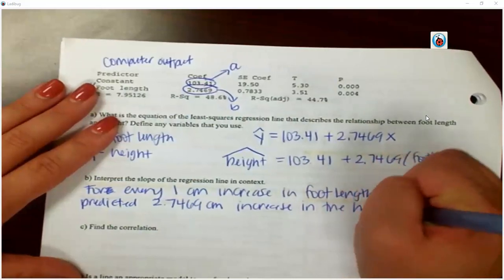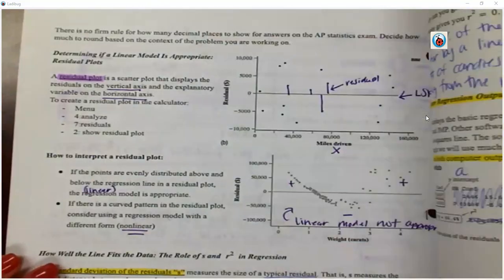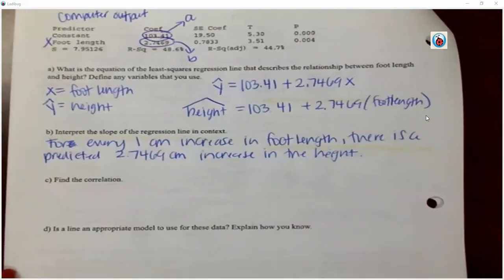And remember to go back and look at your template for how to interpret the slope of a regression line. Okay, and I knew it was centimeters because if you look back at the problem, the graph is labeled as centimeters for both of those.